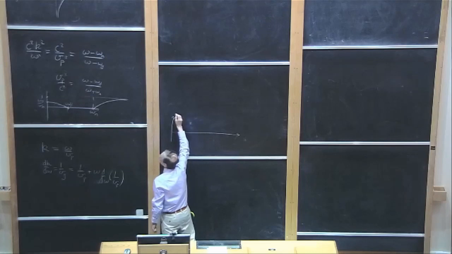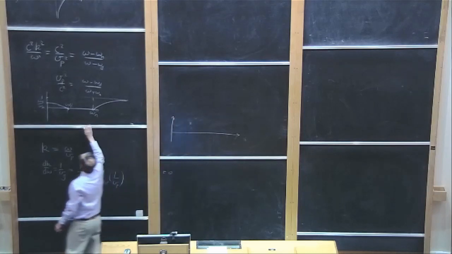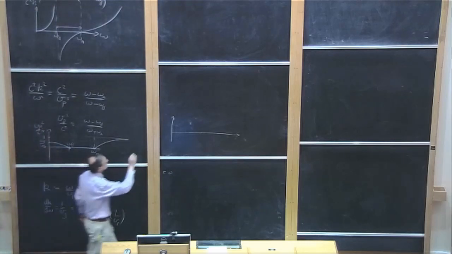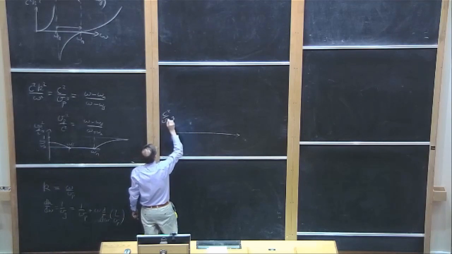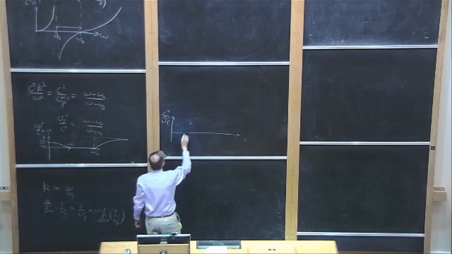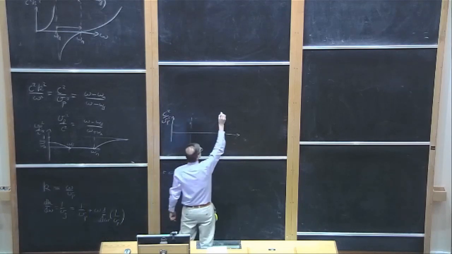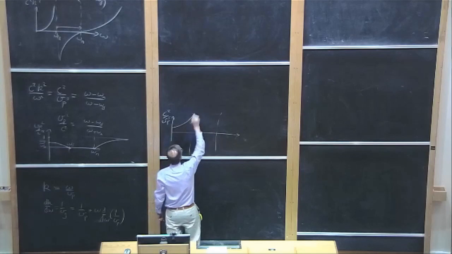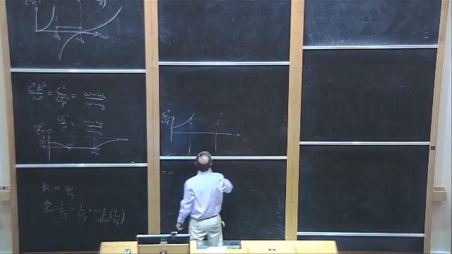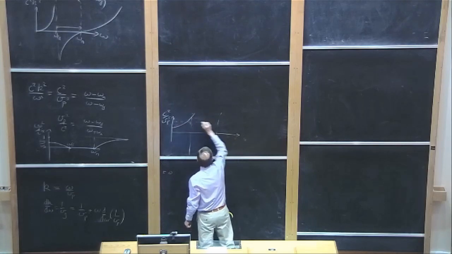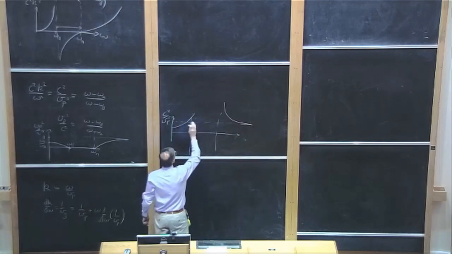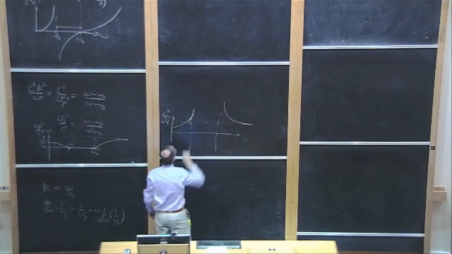That was a sketch of v phase squared over c squared. This is going to be a sketch of c squared over v phase squared, which will do that, and then it will do that. So that's an asymptote there.